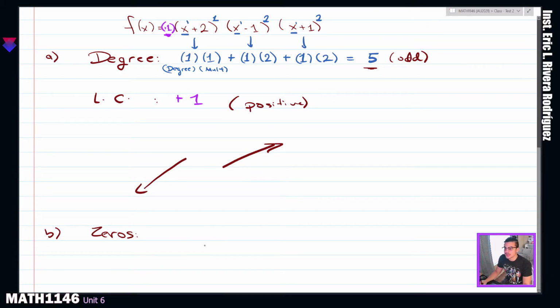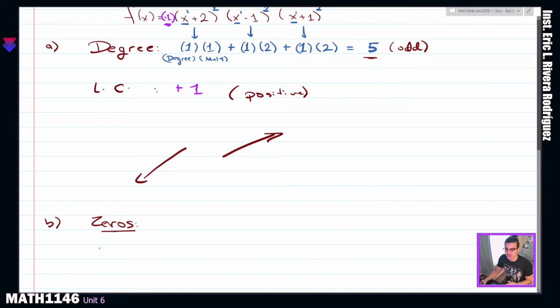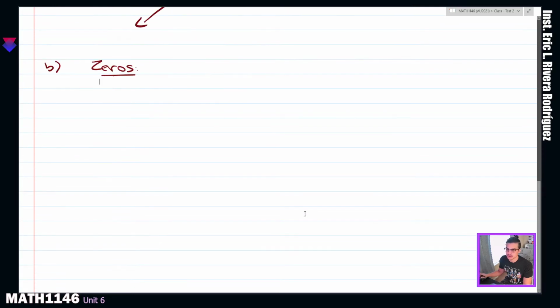Okay, so now I put the word here zeros, but from B we are going to get more than the zeros. We are going to get the zeros and the behavior and the x-intercepts and so on. So for that we are going to do the following table. This table is going to help you to complete all those categories or to find all those properties. So let's start with the linear factors.